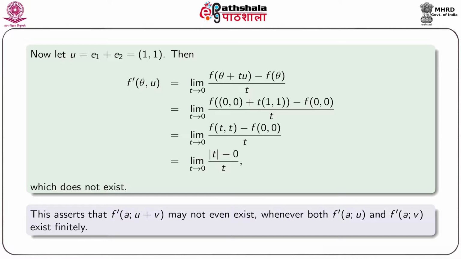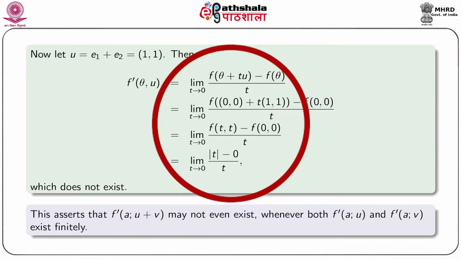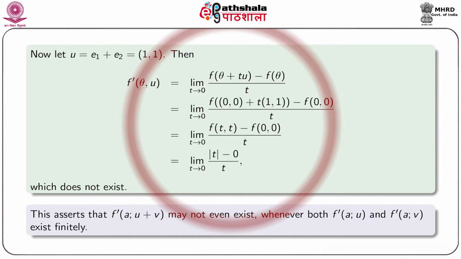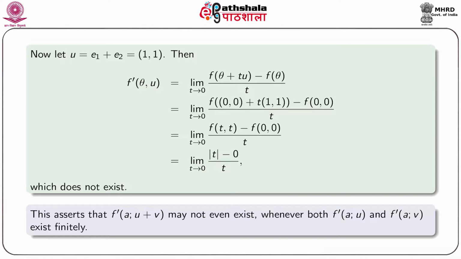Now, let u equal to e1 + e2. So, u has both components 1. Then f'(0; u) equals the limit of [f(0 + tu) - f(0)]/t as t approaches 0. It happens to be the limit of [f(t, t) - f(0)]/t as t approaches 0. Now, f(t, t) is nothing but mod t.